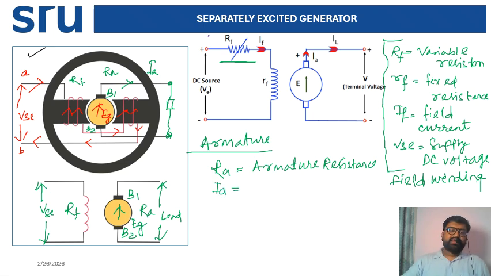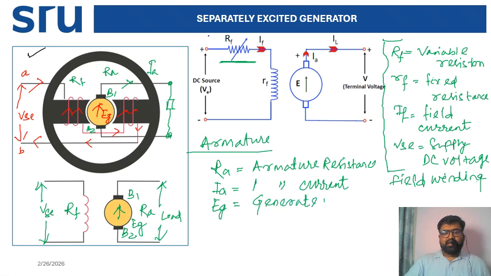IA is nothing but the armature current. Then come to the EG. EG is the generated EMF, and it depends upon the field winding, right?